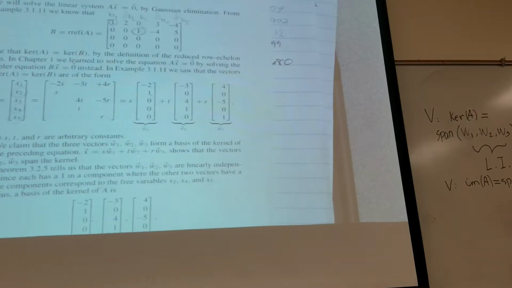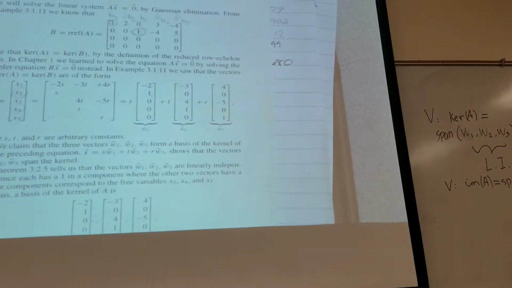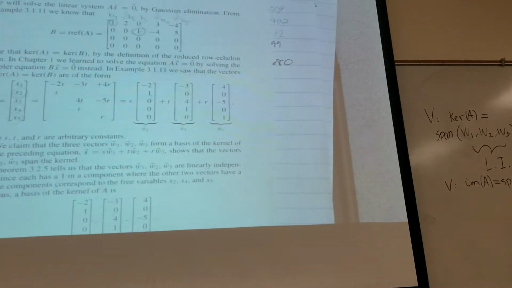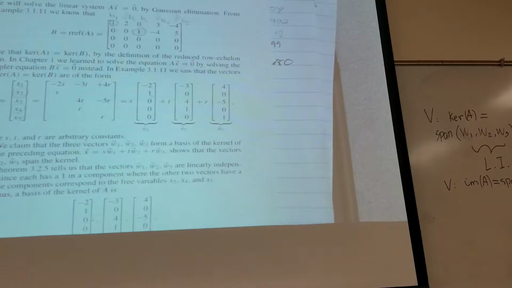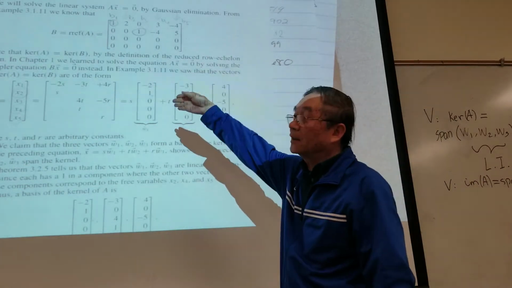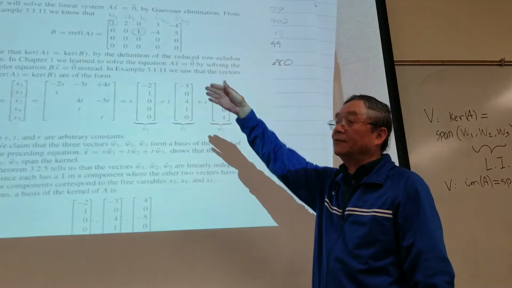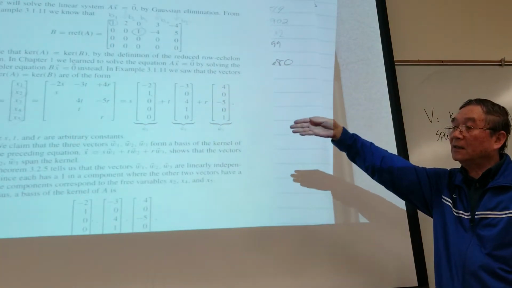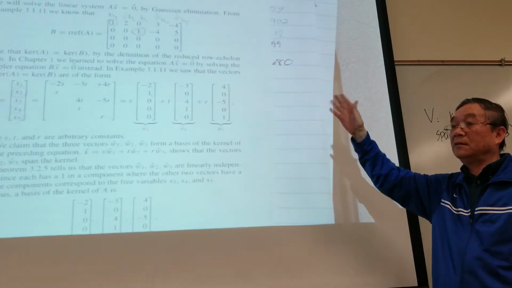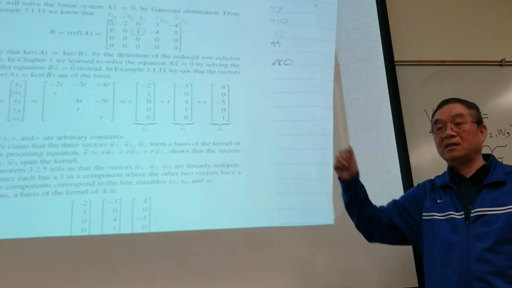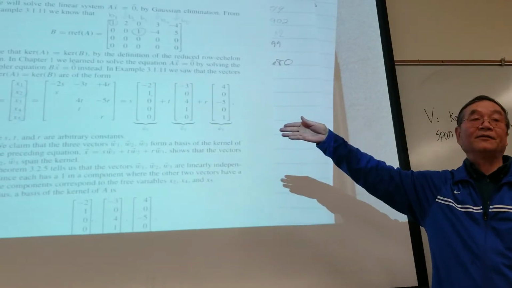You see, I identified that the second column of A is 2 times the first column of A. That corresponds to, in RREF of A, the second column being 2 times the first. Not just the fact that the second column of RREF of A is also redundant, but also the multiple is the same, right? 2 times the first one.